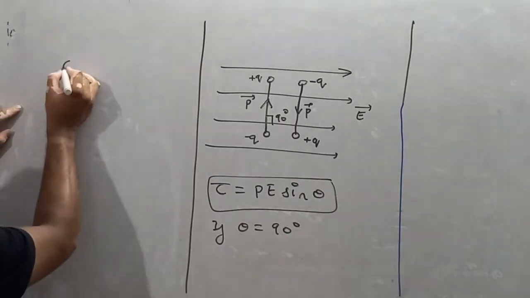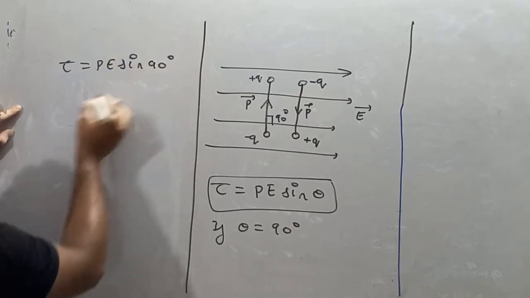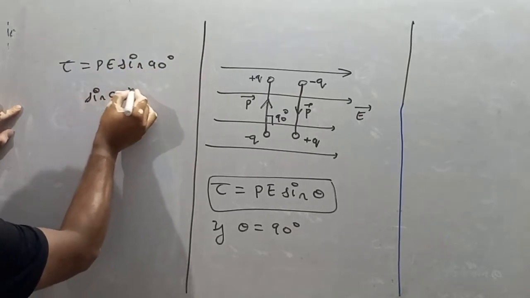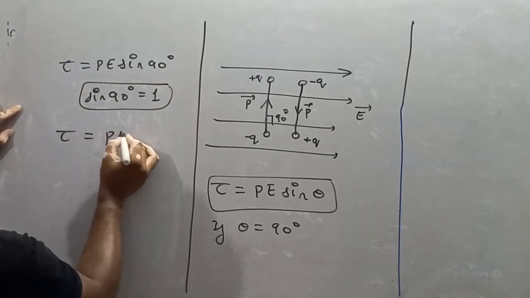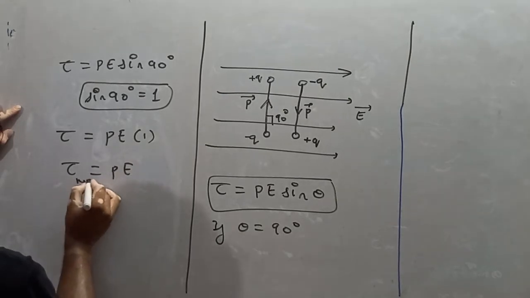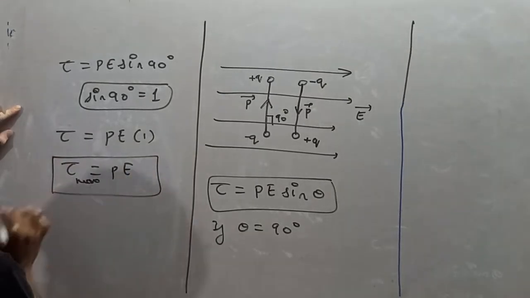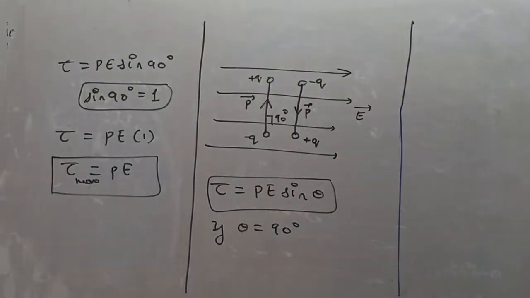So what will we get? Tau is equal to PE sin 90, and sin 90 is equal to 1, so we get PE into 1. So tau is equal to PE. This torque is said to be the maximum torque acting on a dipole placed in a uniform electric field.